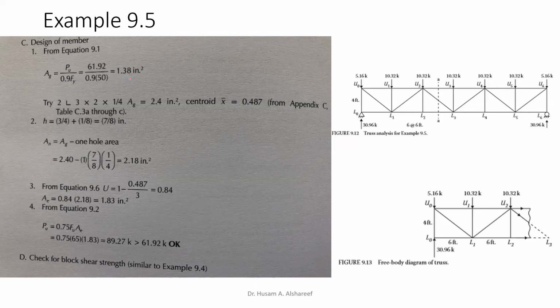So what you need to do is go to Appendix C, page 448, and select a shape. Because the gross area is 1.38, if you start from page 447 and look over, the fourth column from the left shows you the area.